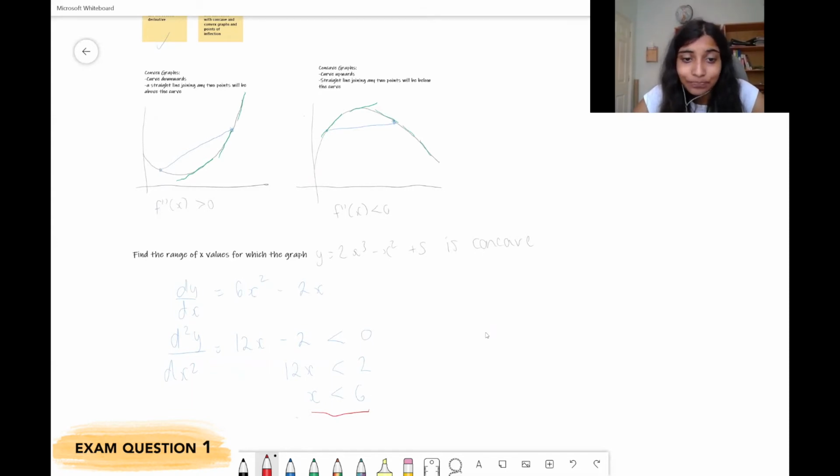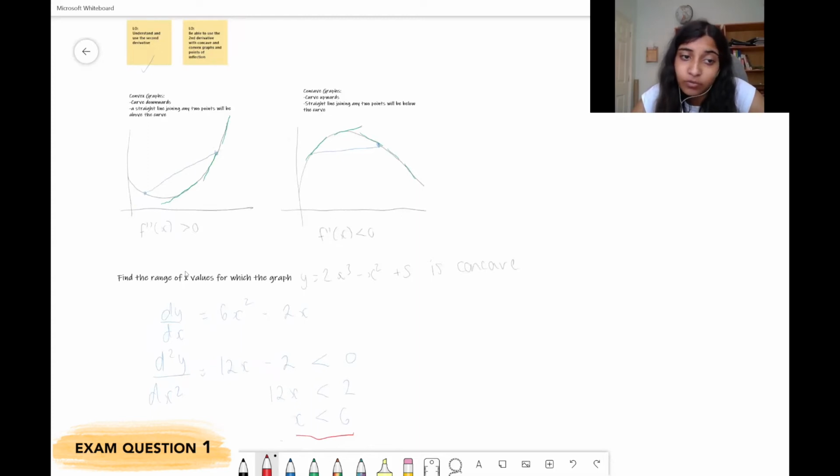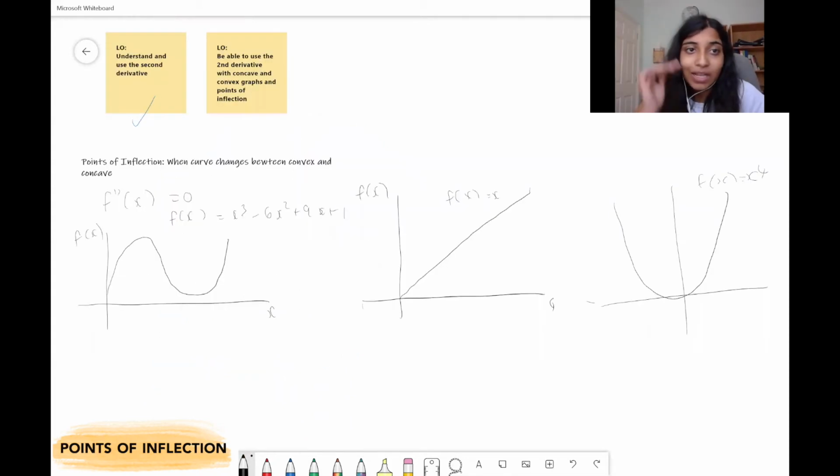So now that we've done a question example for concavity and convexity, let's move on to points of inflection. Points of inflection are points where the curve changes between being convex and concave. In general, most of the time, a point of inflection occurs when your second derivative of x is equal to 0.